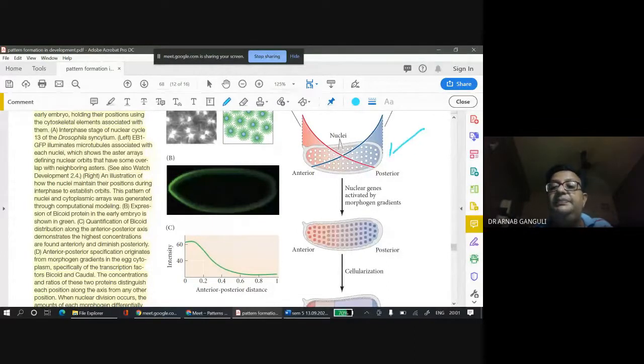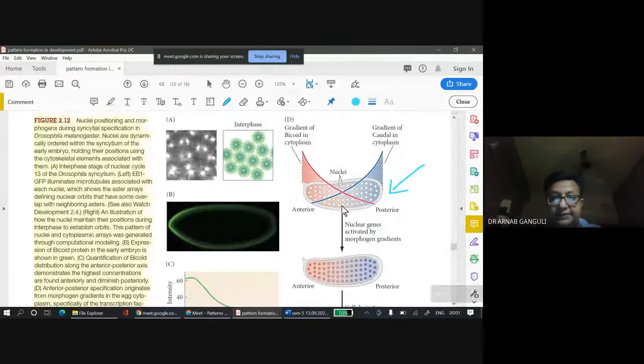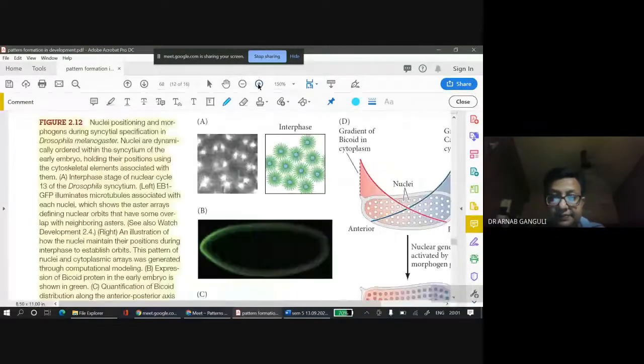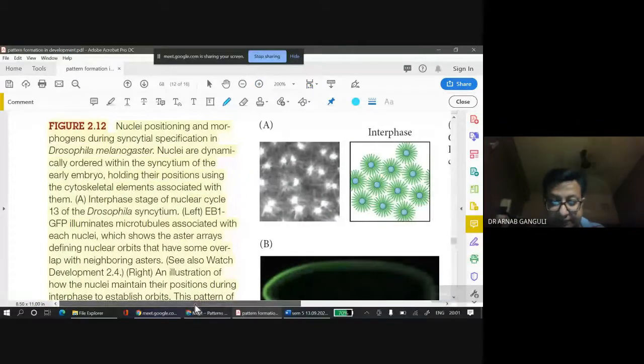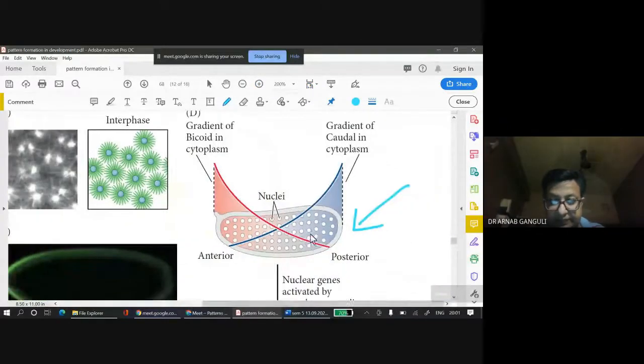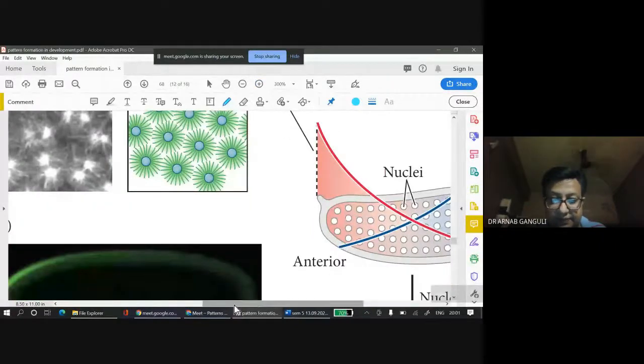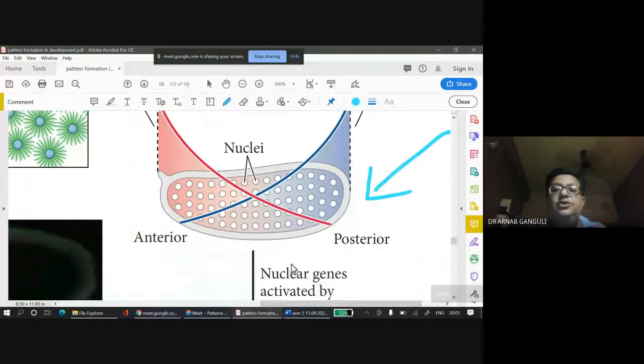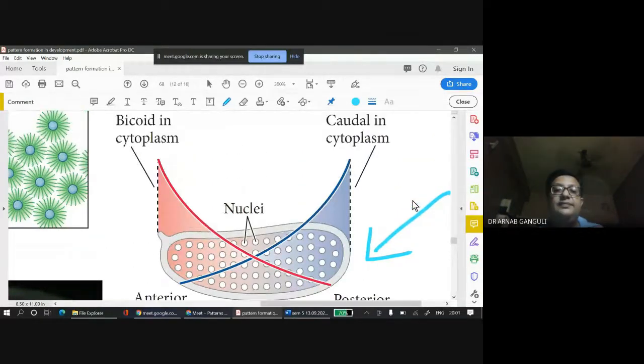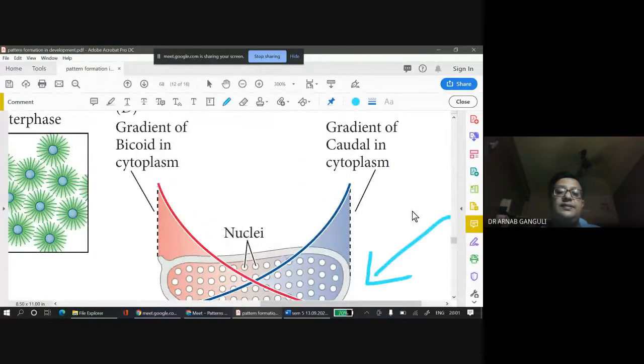Have a look at this picture. Let me increase the size. You see two colors, and you see two names.